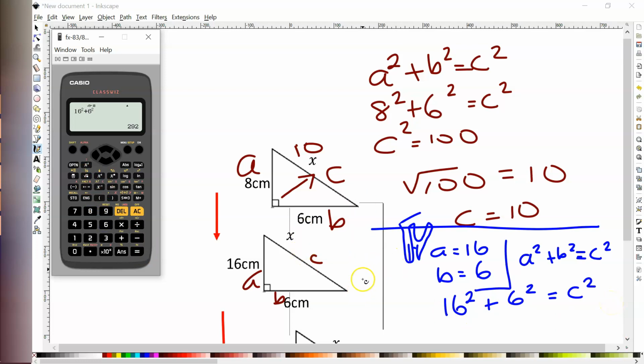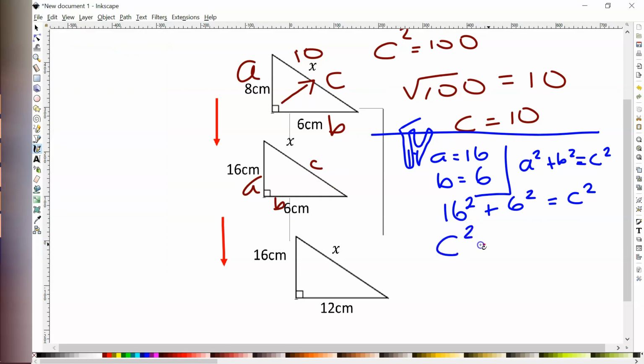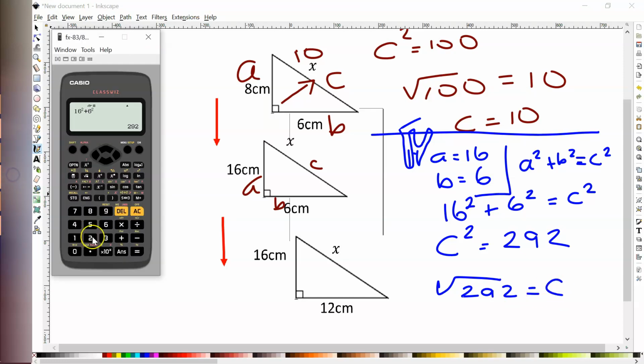So C squared equals 292. To work out what C is by itself, we square root 292 to give us C. I did say 2 decimal places.